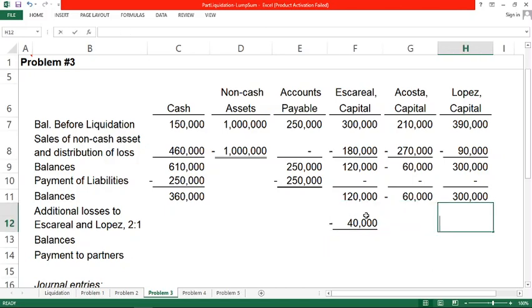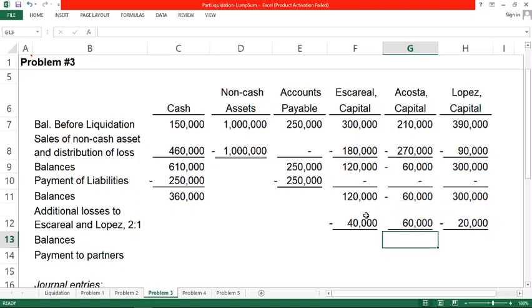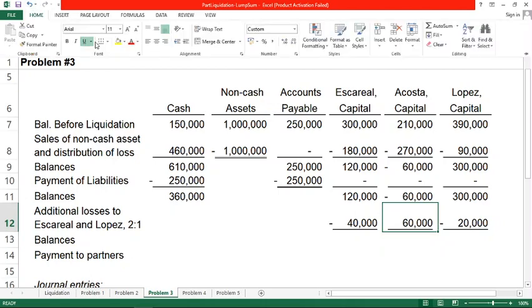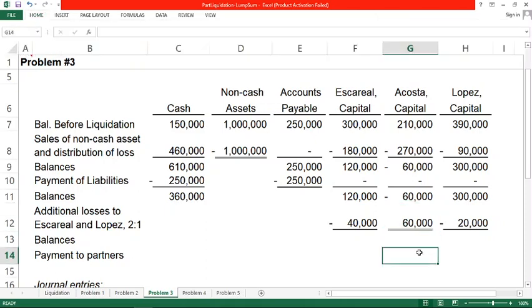And Lopez is going to share only 1/3 of Acosta's deficiency. Si Acosta naman, after i-carry ni Iscarial and Lopez ang kaniyang negative balance, magiging zero na yan. So, in layman's term, gitapalan ni Iscarial and Lopez ang deficiency ni Acosta. So, ayan. Pwede na mag-party-party si Acosta. Wala na siyang ganap sa life.